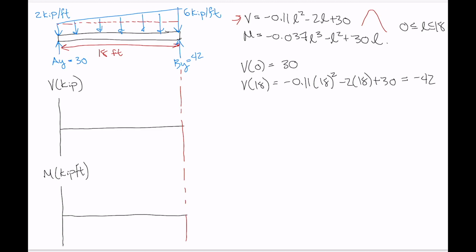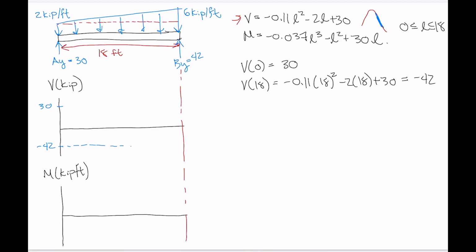In which case, again, you find out that we're in this portion of the curve here over the range 0 to 18. So we know we've got something with a negative slope that's curving downward. So we start from positive 30, and we go to minus 42, and we've got a curving line with a negative slope.